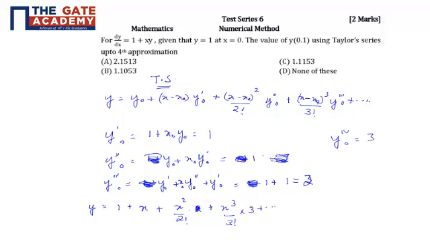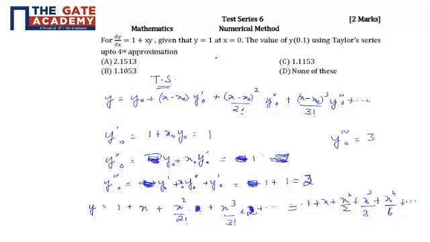So here we will have 2, here instead of 3 we will have 2 plus so on. So what we will have finally is 1 plus x square by 2 plus x cube by 3 plus x raised to 4 by 6 plus so on.